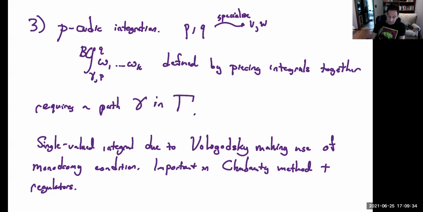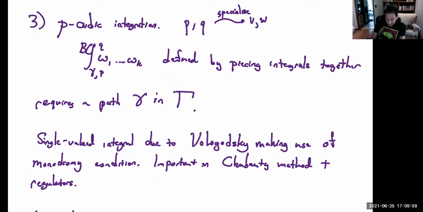And if you have a bad reduction curve, there is a Frobenius on log rigid pi1. So there's a complicated Tannakian pi1, and you can look at the Frobenius invariant paths in it, and you can define integration that way.